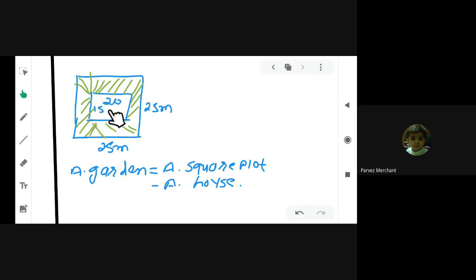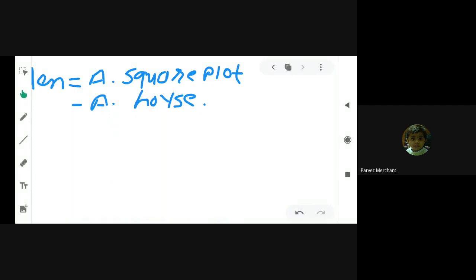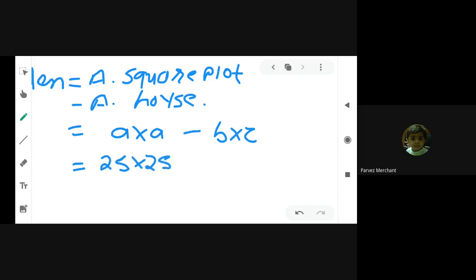Then we subtract the area of the house, because we are finding the area of the garden. Now the area of the square plot is A into A, minus the area of the house, for example B into C. The value of A is given as 25, so 25 into 25 minus B into C, where the dimension for the house is 15 into 20.